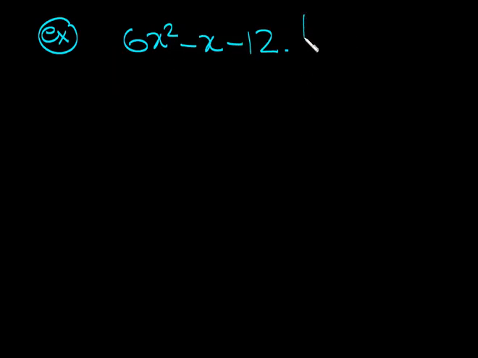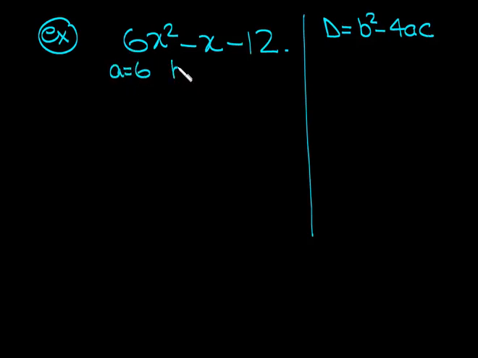But before I do that, let's actually check to see if it can be factored. If it can, we'll factor it. So first thing I need to do is calculate the discriminant. D is equal to b squared minus 4ac. What is a? In this case, a is 6. B is the number here, negative 1. Let's put parentheses. And c is negative 12. So let's put parentheses. Remember to put parentheses when you plug in things into a formula.